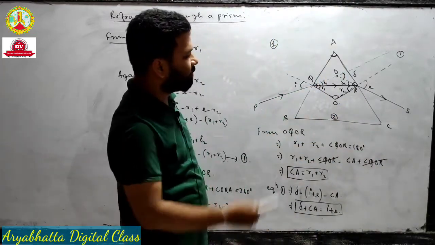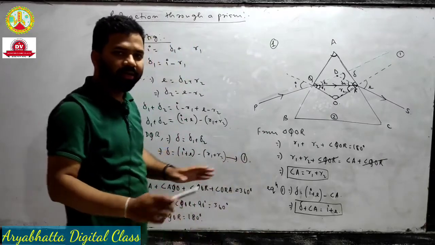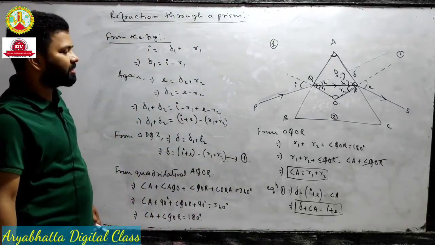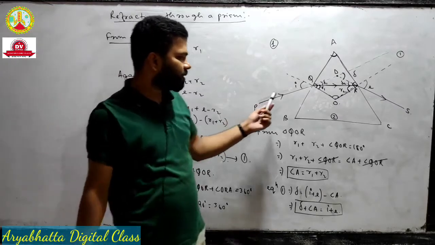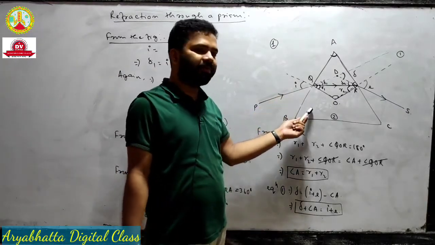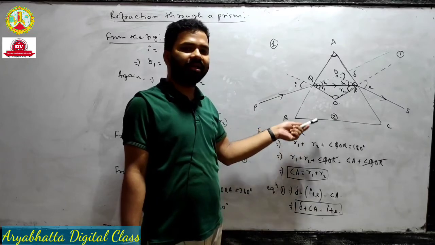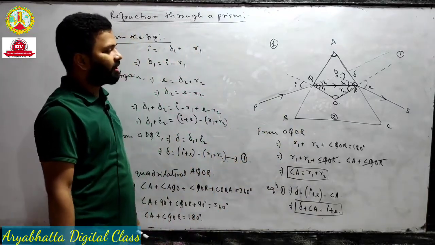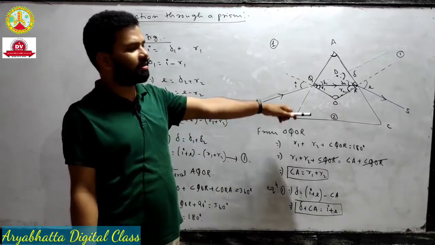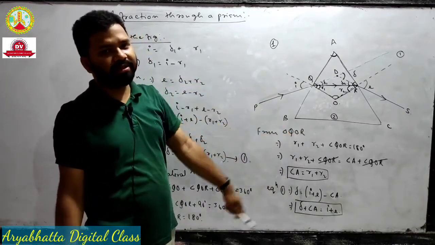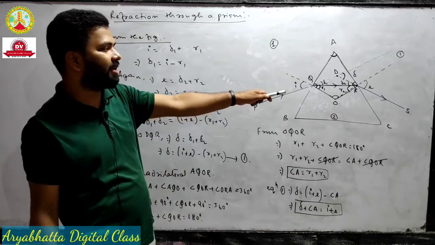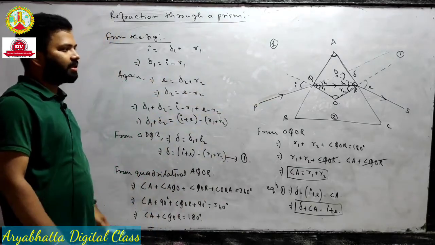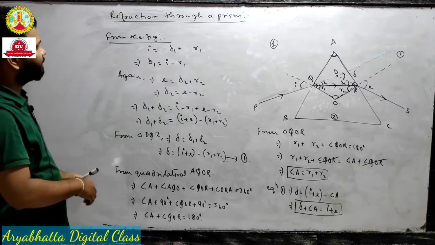So a 1 mark question can come: if the light ray is traveling from rarer to a denser prism, then the light ray will move towards the base of the prism. But if the same prism is now surrounded by another medium which is denser, then the light ray will move away from the base. So remember this point.